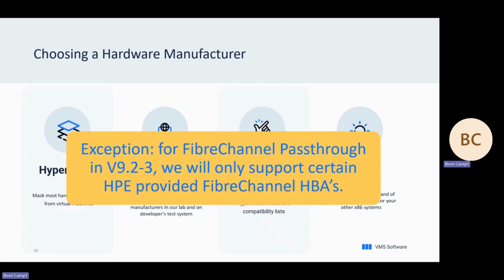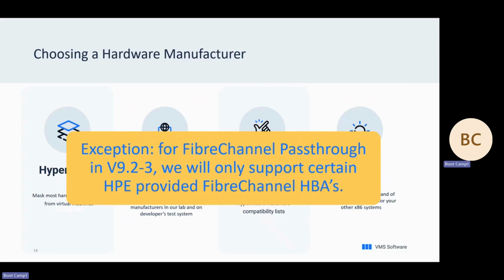Right. So with version 9.2.3, what we support is the SN1100Q card. Unfortunately, as we found, that card is not supported in the Gen 11 platform, even though HPE at one point told us that it would. It means that support for now for Fibre Channel pass-through is limited to an HPE Gen 10 platform with an SN1100Q card.